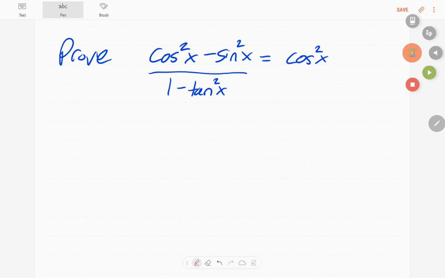Now I'm kind of at this point where I'm trying to think about what I could do, and the only thing I can think of at the moment would be, how do I get this down to cosine of x squared? But looking at it, what if I were to try and just combine the denominator to 1? To do that, what if I rewrite 1 as cosine squared of x?